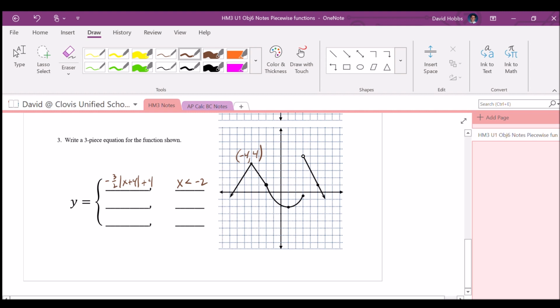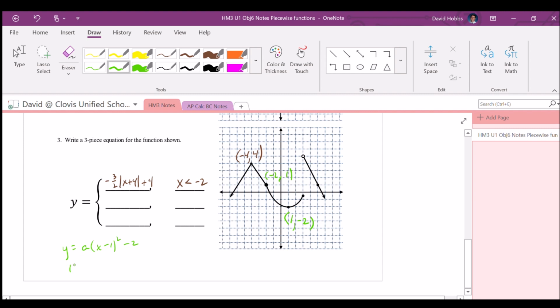Middle piece of the parabola, and the vertex is at 1, negative 2. So maybe we do a little bit of scratch paper. y equals a times x minus 1 quantity squared minus 2. Then we have to plug in some point. What's a point that we know is on the curve? Well, negative 2, 1.